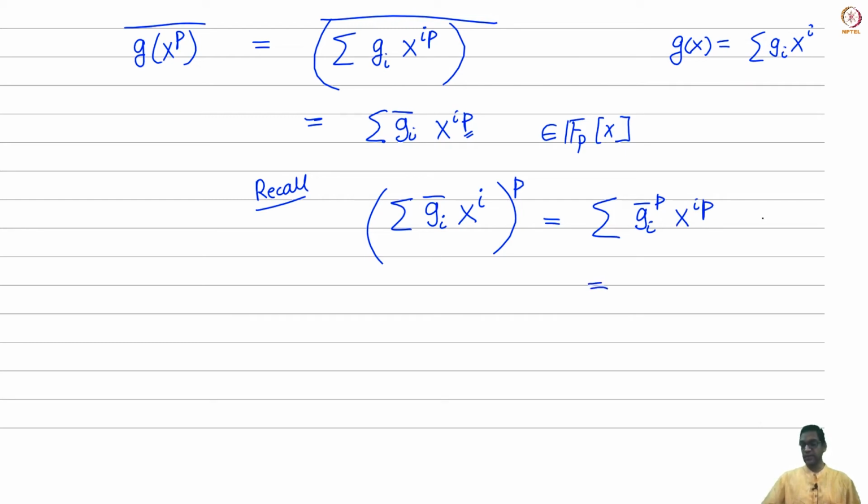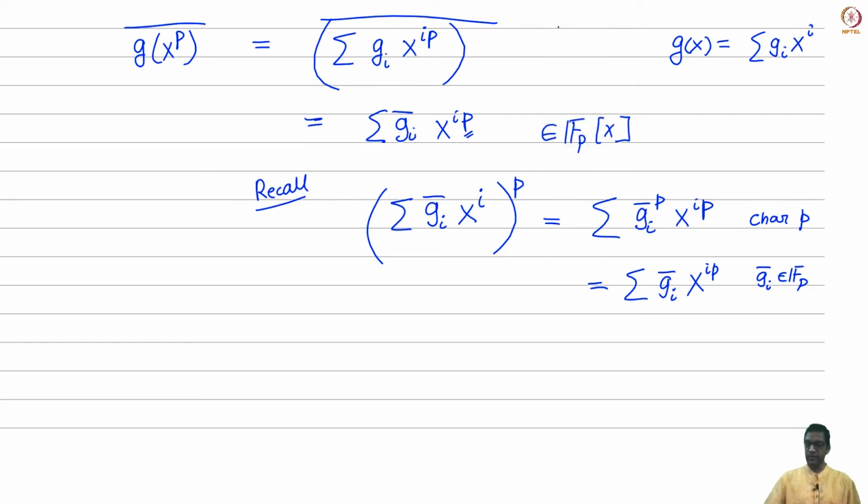This is because the field has characteristic p, but further, the g_i bars come from my finite field F_p. If I raise an element of F_p to the pth power, I just get back itself. So that's the important observation here.